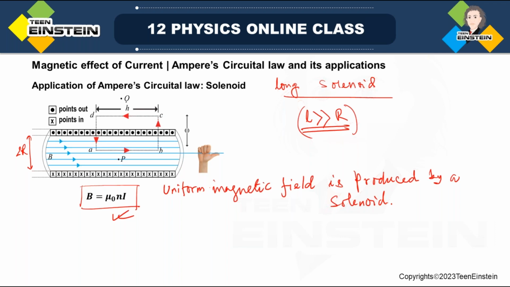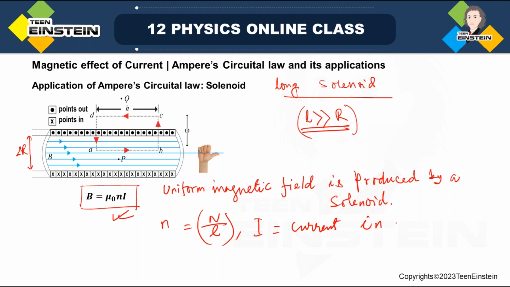And that value will be mu0 n i. Mu0 is the magnetic permeability in free space. Small n is the total number of turns divided by the length of the solenoid, and I is the current in each turn of the solenoid.